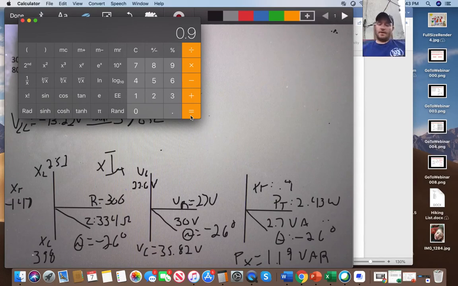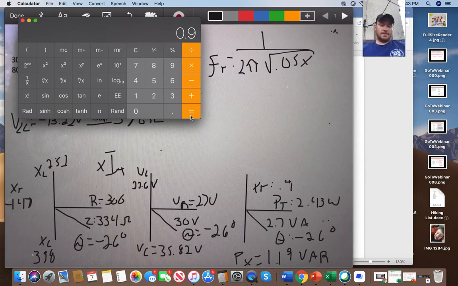Our resonant frequency, FR, is going to be 1 over 2 pi times the square root of 0.05 times the capacitor, which is 0.000000. Oops, I ran out.